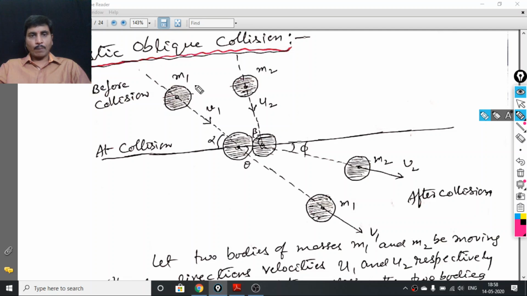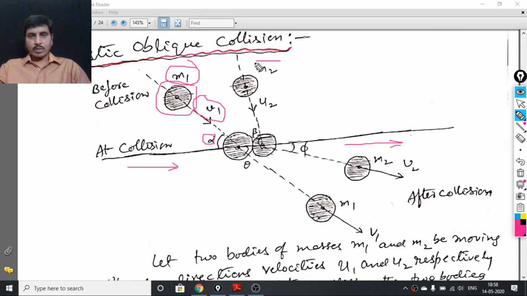Consider a particle of mass m1 moving with a velocity u1, making an angle alpha along the collision axis. This is the collision axis.